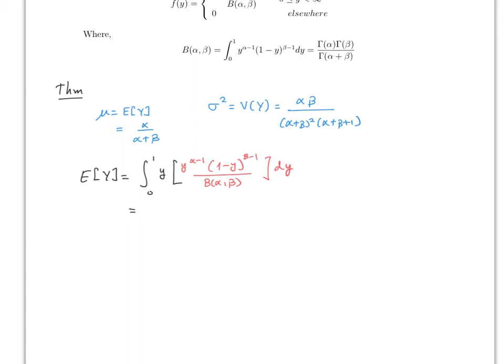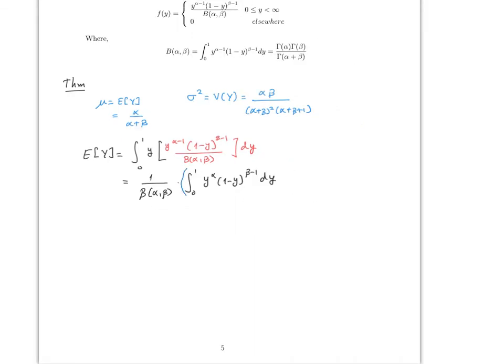Again, you can take this part out, and you multiply these two. Notice that the ones will cancel. So this is 1 over the beta function times the integral from 0 to 1 of y to the alpha times 1 minus y to the beta minus 1 dy.